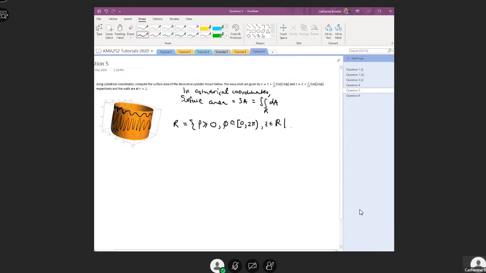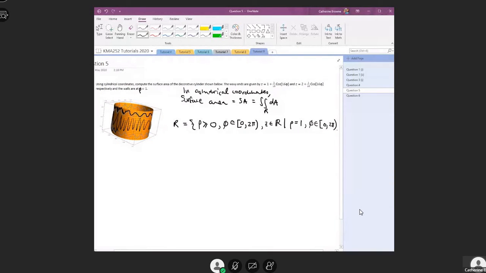So we have that the radius is equal to 1. The walls are, oh sorry, that should be a rho there because we're in cylindrical coordinates. We've gone all the way around the cylinder, so the phi is just what it normally is.